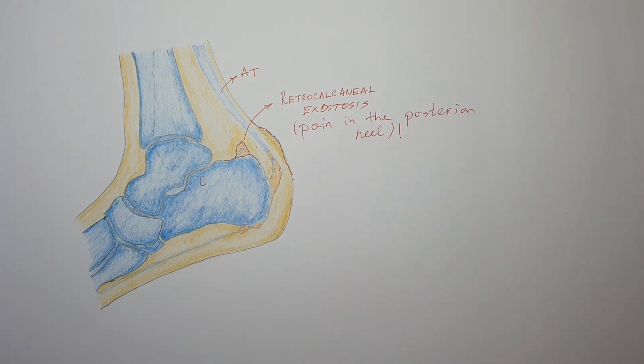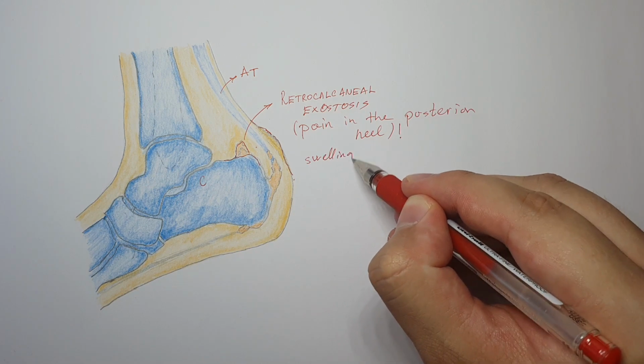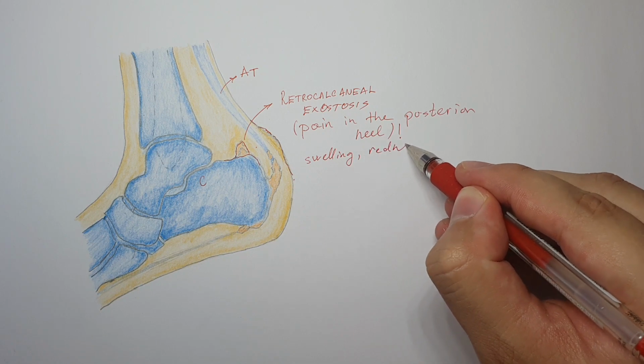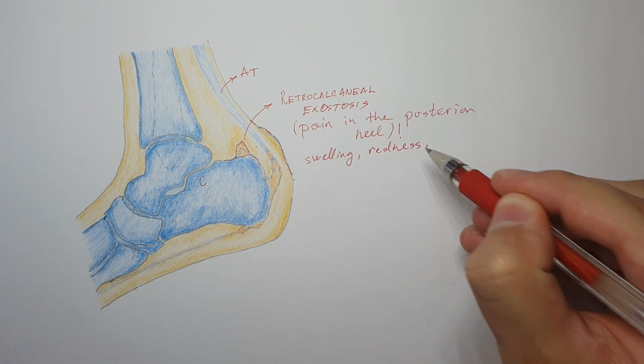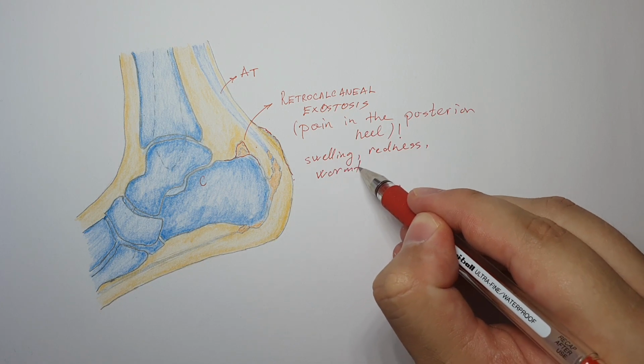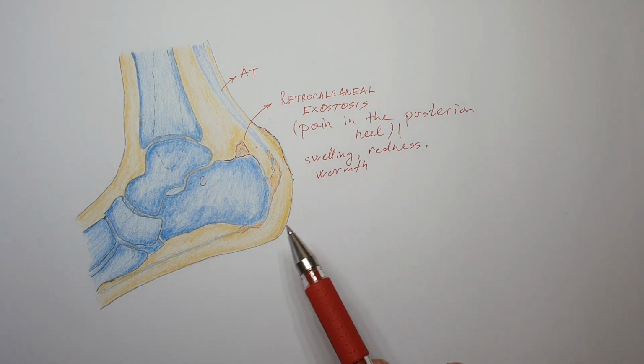Also, we can see swelling, redness, warmth, and other symptoms. But for this bony exostosis, only in the acute phase, so when we have inflammation, we will see more swelling, redness, warmth, tenderness.